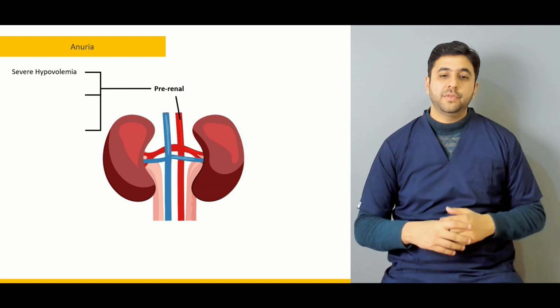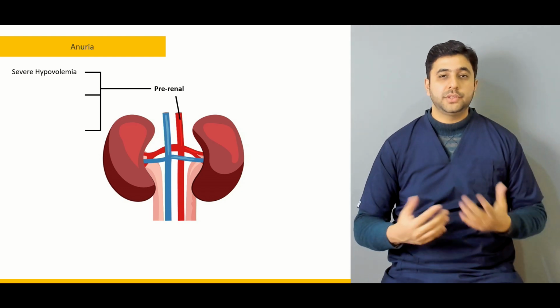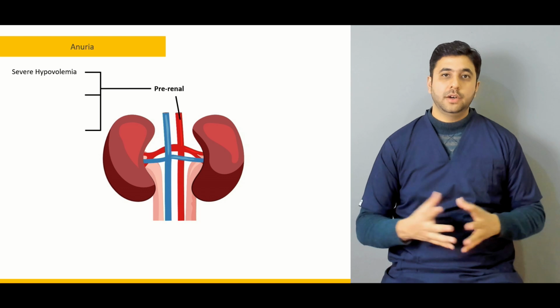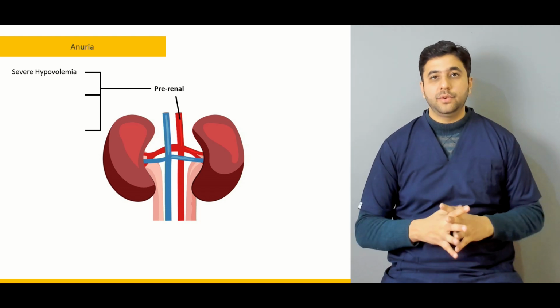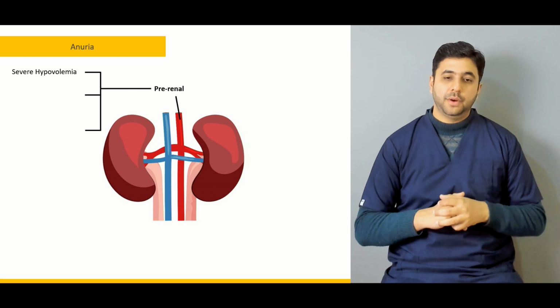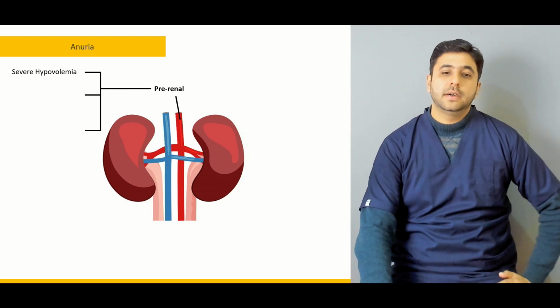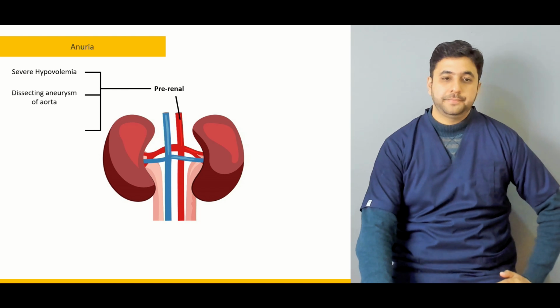That severe hypovolemia can lead to an anuria if the patient doesn't drink a lot of fluids, or the patient has not been given IV fluids in case of vomiting, for example, profuse vomiting. That can cause absence of urine or anuria.